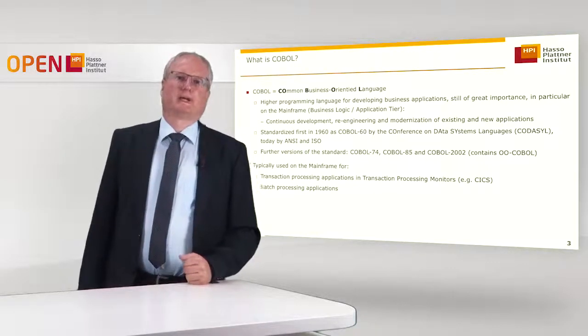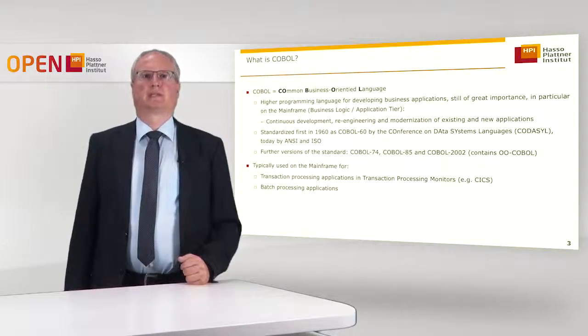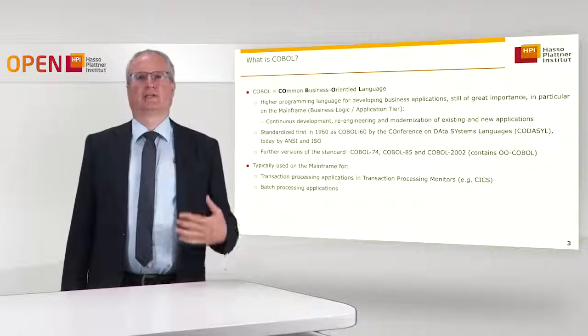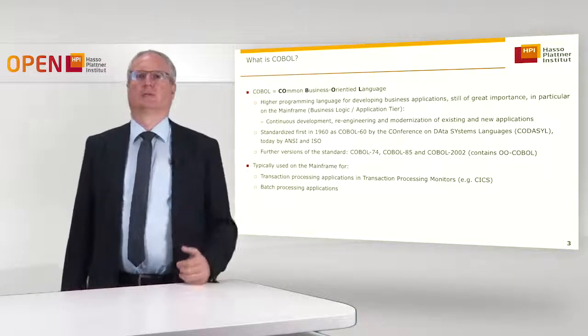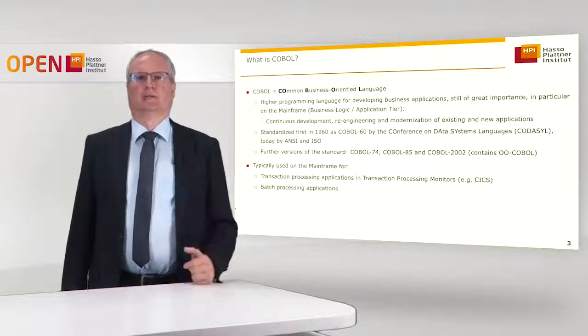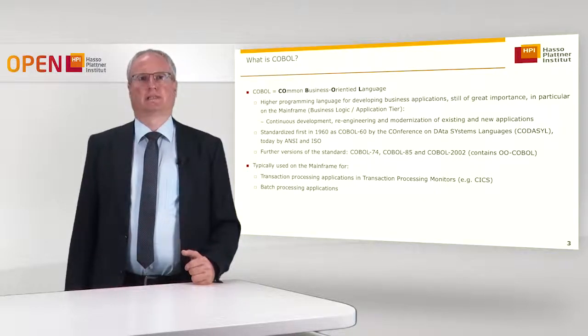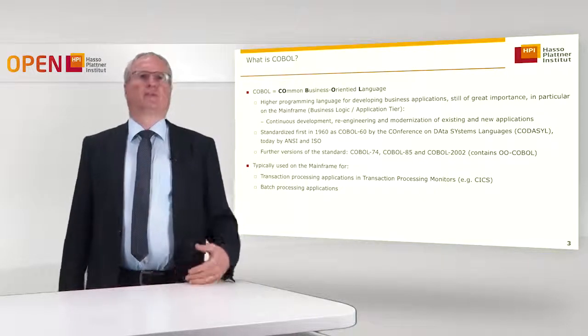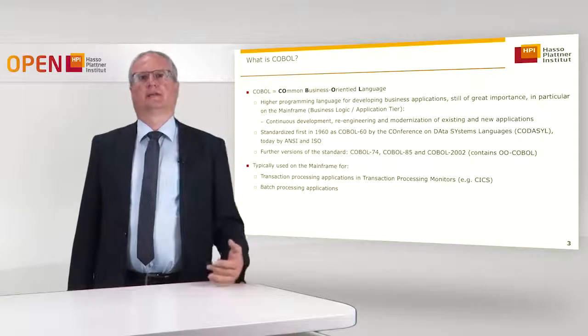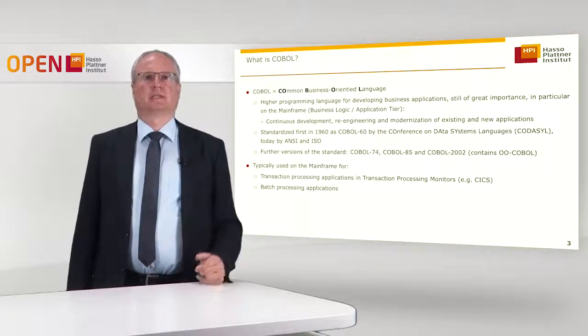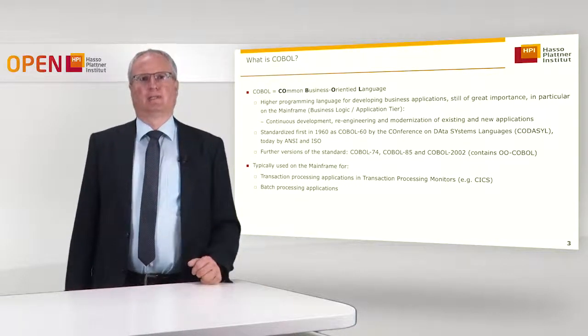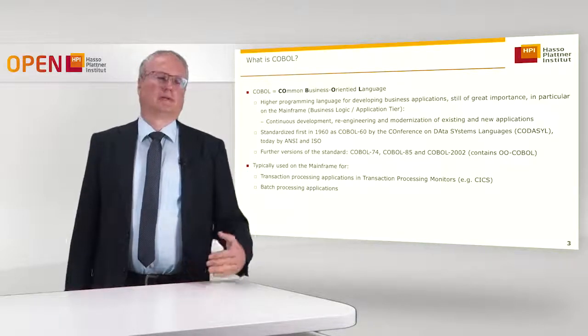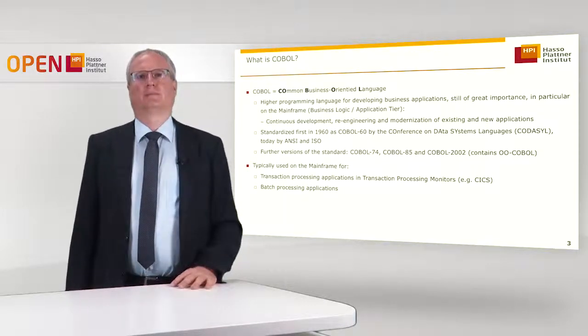COBOL was first standardized in 1960 as the so-called COBOL 60 standard by the Conference on Data Systems Languages, CODASYL, which was an initiative of the US government to standardize these languages. Later on, the standardization was taken over by ANSI and ISO, and nowadays it's an ANSI and ISO standard. The standard has evolved, and different releases have been proposed.